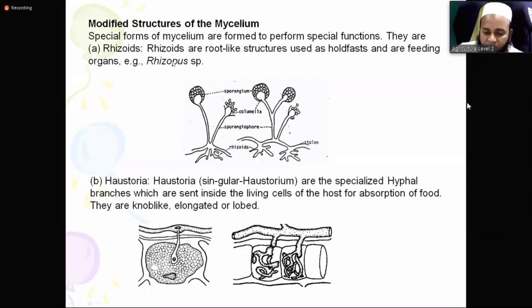For example, Rhizopus. Haustoria. We discussed haustoria: the fungus grows on the surface of the plant and takes its nutrition by inserting a special structure called haustoria.